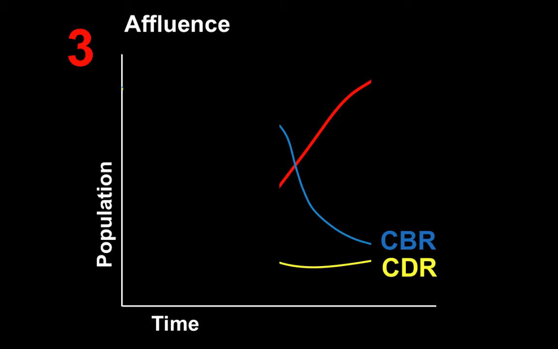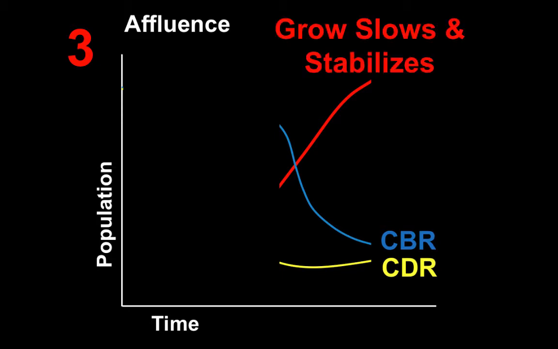So once again, we have created a situation in which birth rate and death rate are relatively equal, and so our growth is going to slow down and stabilize. And so remember, generally as affluence increases, the birth rate is going to decrease. And once it hits towards that death rate, now we have either a slowly growing or relatively stable population.